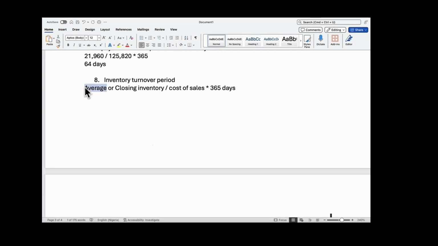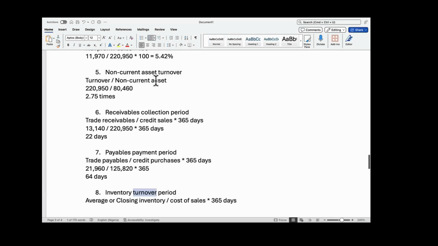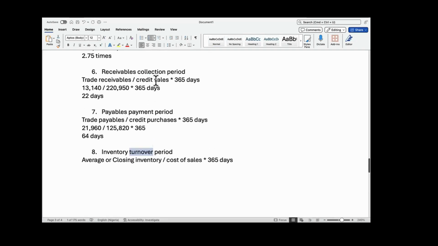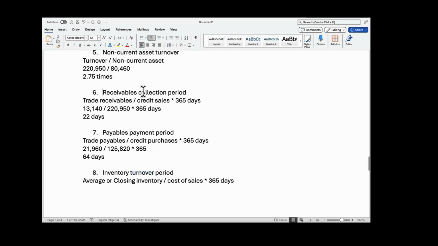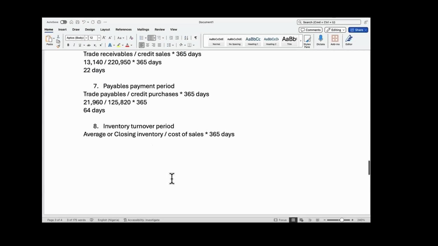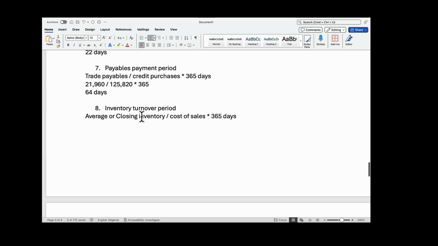Why are we using cost of sales? We're saying turnover. This turnover does not mean anything by itself, because there can be turnover in the other ones too. The receivable collection period, you could also call it receivables turnover period. So the only item that relates to the inventory that you are holding is not the sales.